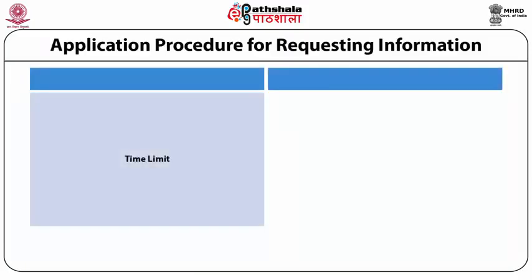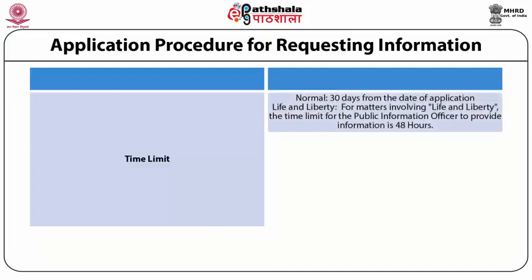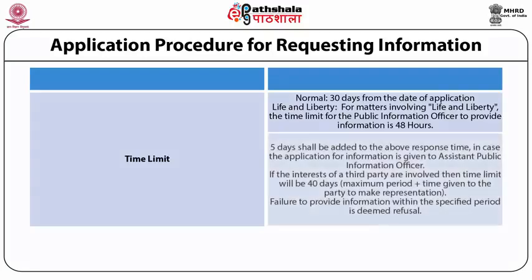As regarding the time limit of RTI, suppose a person files an RTI, how much time shall the person wait to receive the information? Normally, the duration is 30 days from the date of application. But if the case is of life and liberty, the matters which involve life and liberty, the time limit for the Public Information Officer or PIO to provide information is 48 hours. 5 days shall be added to the above response time in case the application for information is given to the Assistant Public Information Officer, that is APIO.